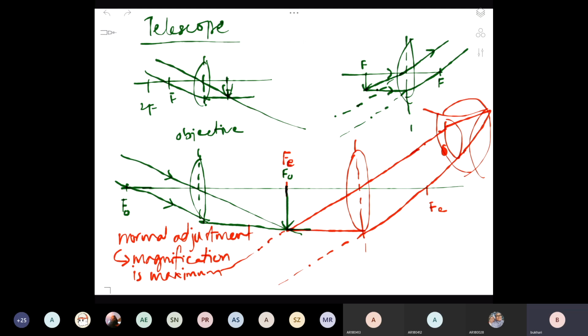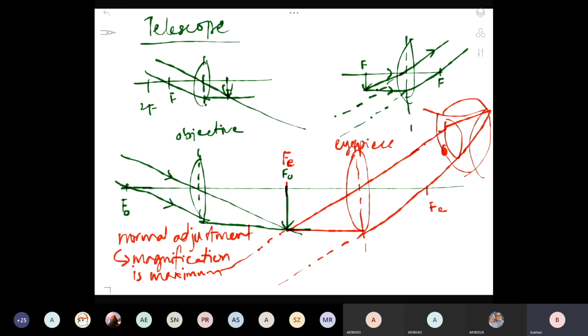So that is how we apply some cases from the 6 cases that we have done in drawing and in creating devices such as microscope and telescope. Something else I need to remind you, let me write here. This is the eyepiece lens.